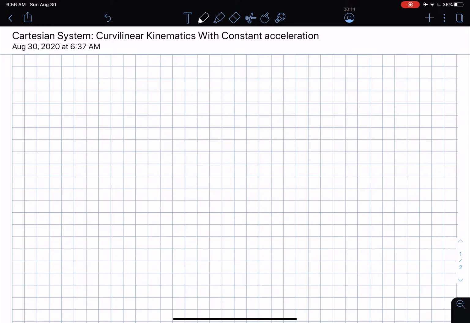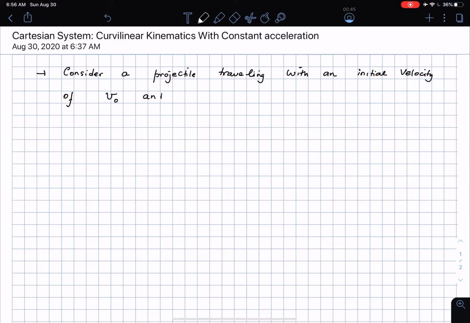Let me start off by saying, consider a projectile which is traveling with an initial velocity of V naught, making an angle of theta naught with the horizontal. Okay, I'll show you that. And under constant acceleration due to gravity.